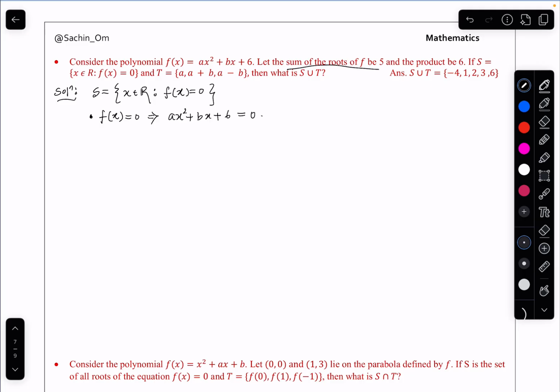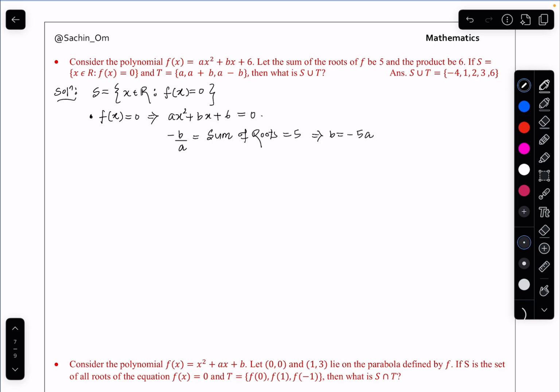It is sum of roots is 5, product of roots is 6. Sum of roots is given by minus b by a, and that is equal to 5, which tells me b is going to be equal to minus 5a.